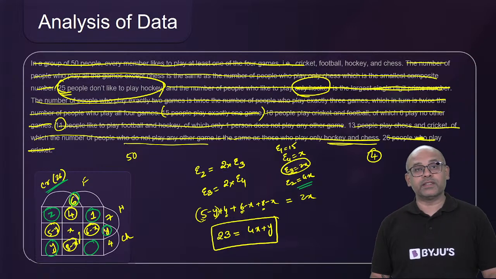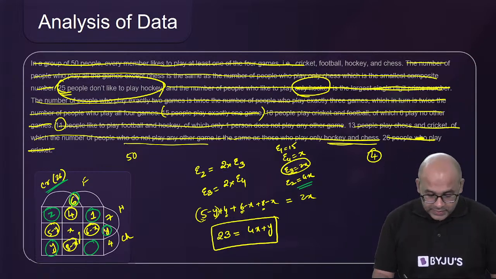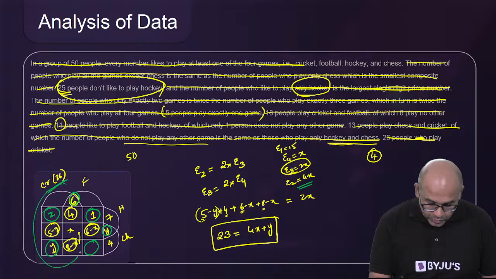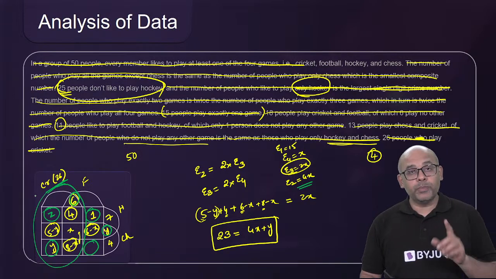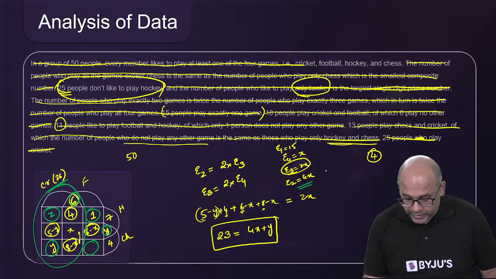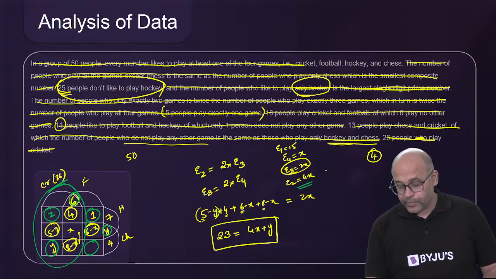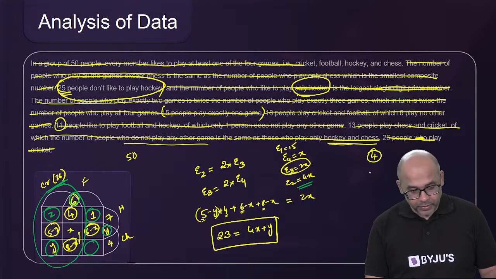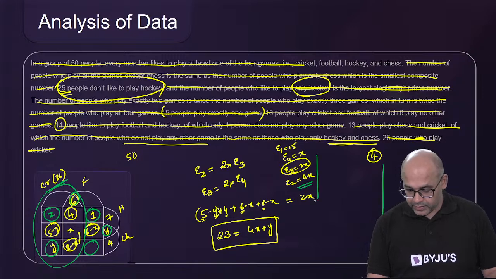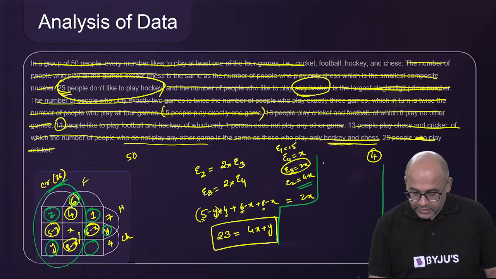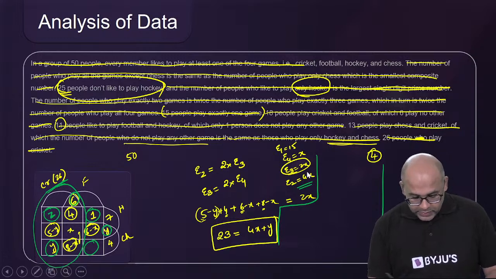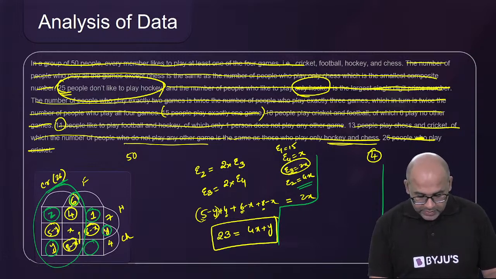Cricket is 26. If cricket is 26, then this total here should be adding up to 26. So let's do the total over there. If I call this as Z, then this 6 plus 4, 10, 10 plus 8, 18, 18 plus 5.